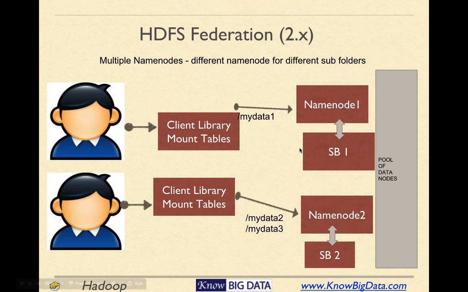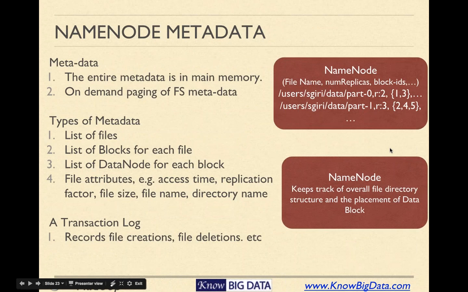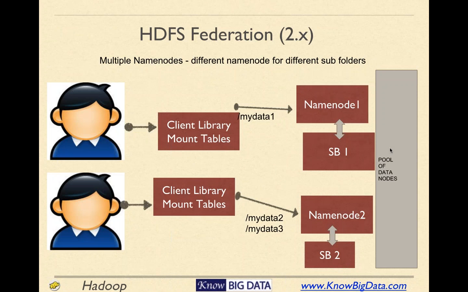But the different part about this HDFS federation is that they use the same data nodes. So you don't run separate data node processes for each name node. They actually use the same list of data nodes. That's the beauty of it.